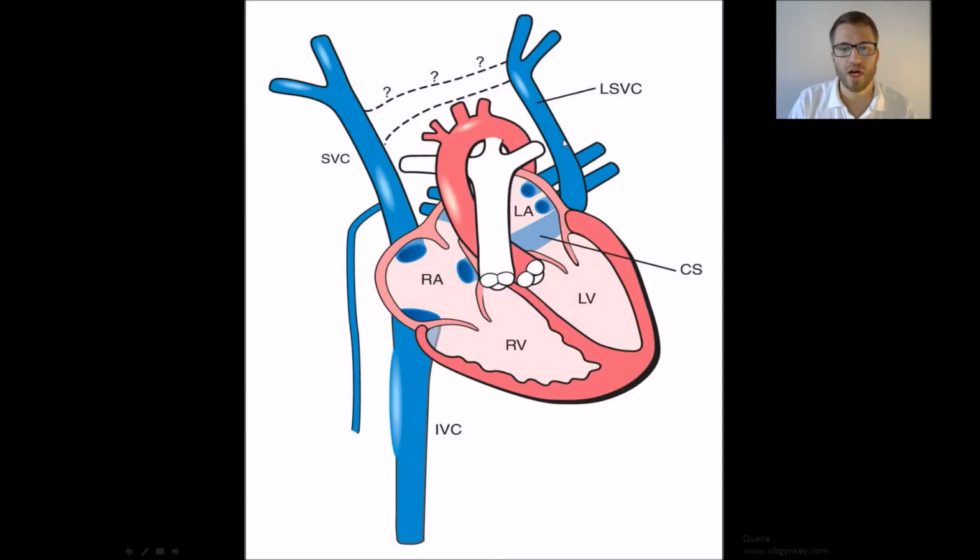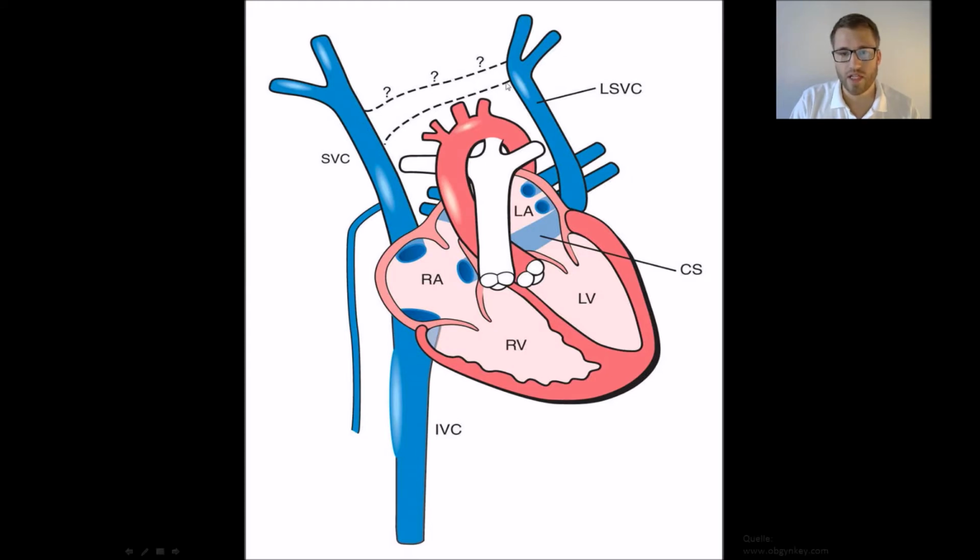Well, sometimes you have an anomaly, and that can be that the right superior vena cava and the left superior vena cava are not connecting during the evolution of the child. Normally the left superior vena cava connects with the right superior vena cava, forming the superior vena cava communis, if you will, over the anonyma, and going then into the right atrium.